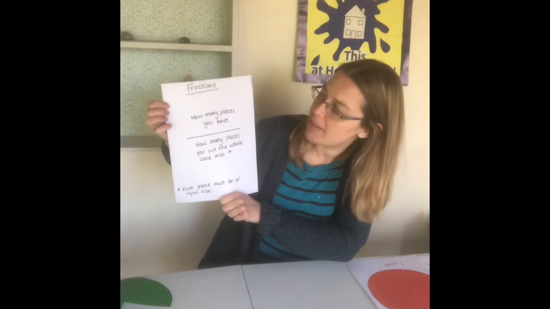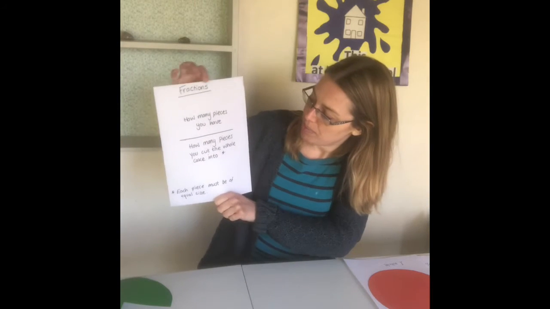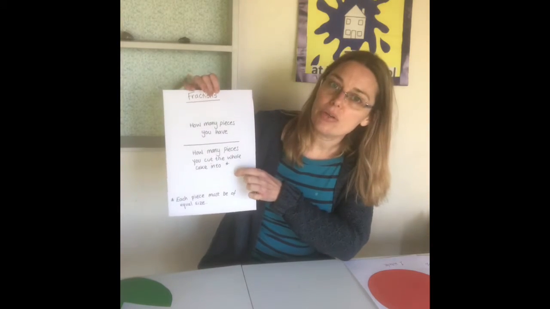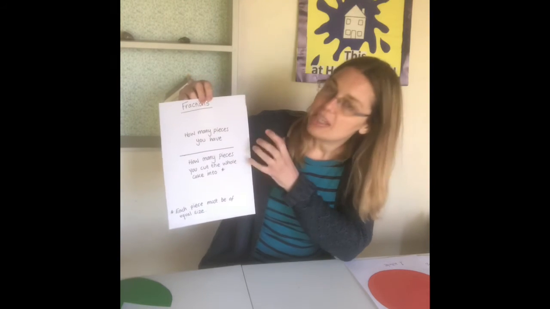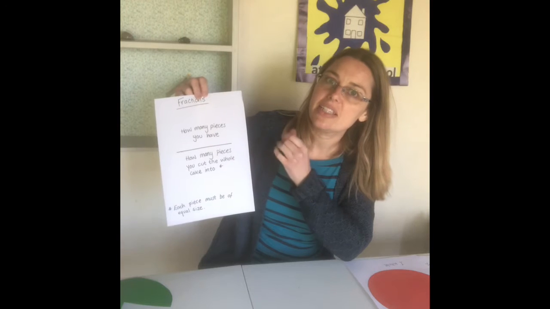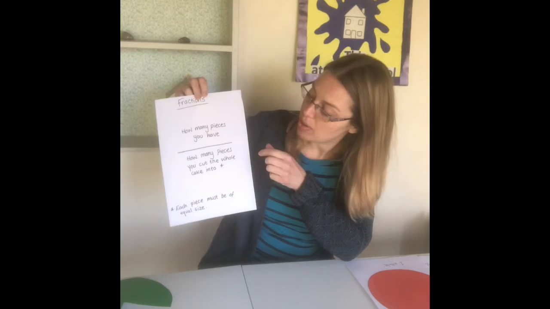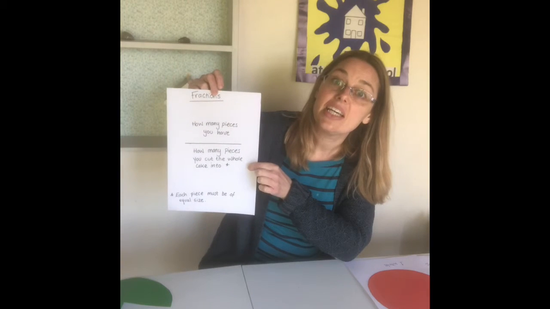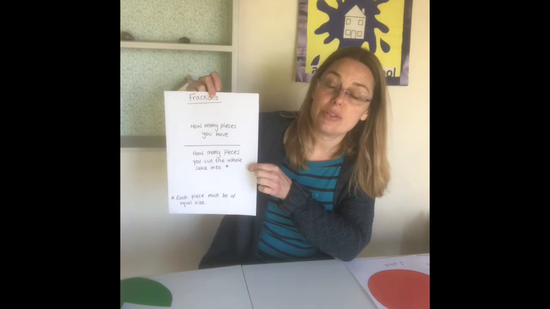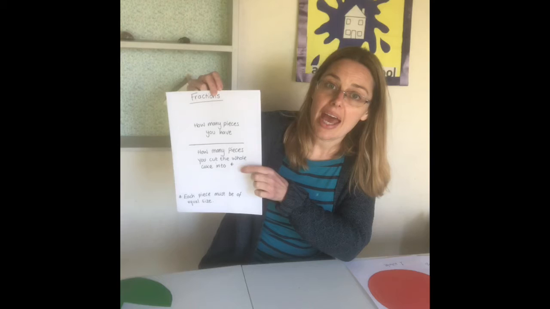Here are my fractions. This is how I'm going to explain fractions. If you think of your fractions as a cake, the number at the bottom is how many equal pieces you have cut your cake into. So if you've got one big cake, how many equal pieces have you cut it into?